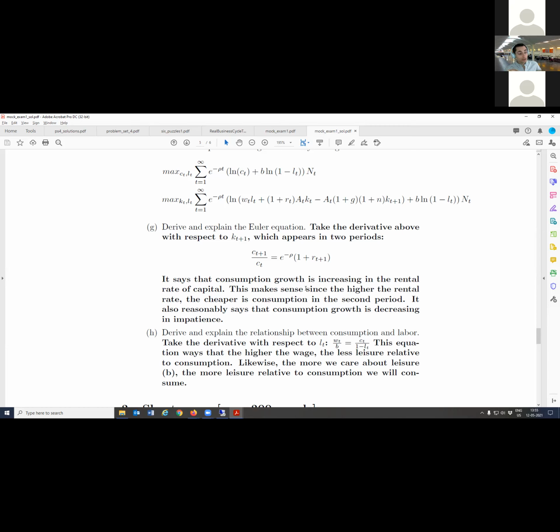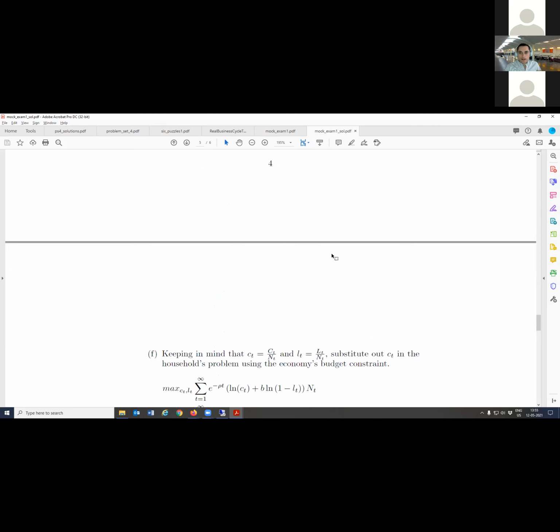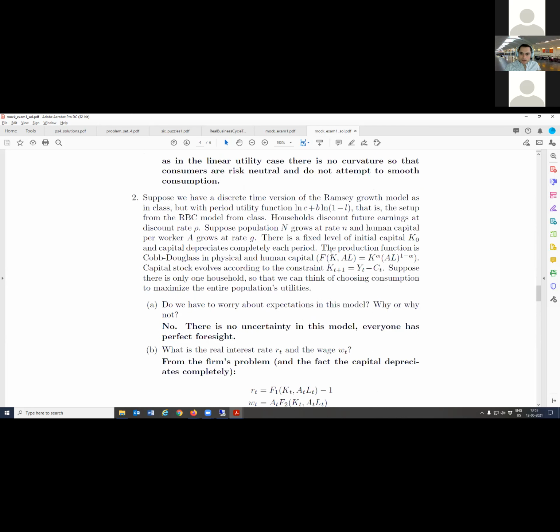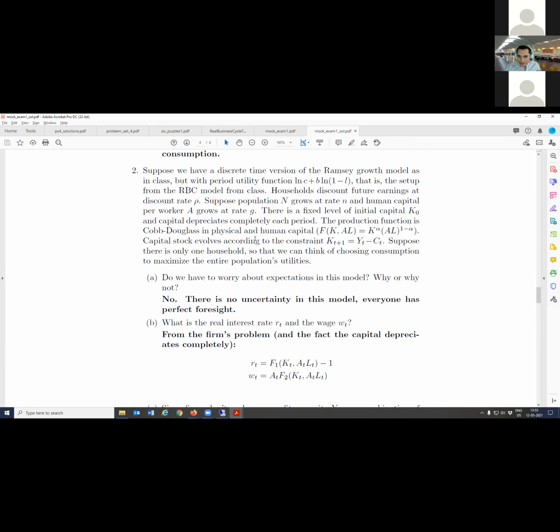So I want to find something that's going to be constant in steady state. Your question is, why would I want to do that differently in the one from class versus the one in the mock exam? That is difficult for me to answer right now without thinking about this problem, which I haven't thought about for a year.